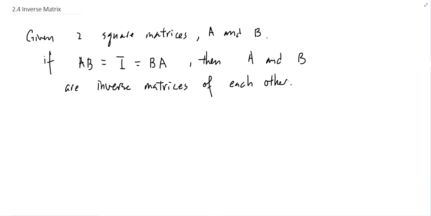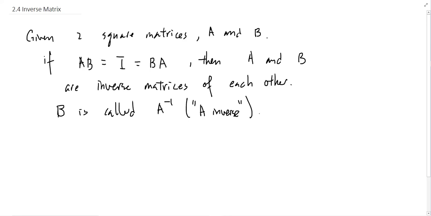And in this case, we can say B is called A inverse. This is how you read it: A inverse, not A to the negative 1 power, but A inverse. And of course, similarly, you can say that A can be called B inverse, depending on which one you want to emphasize as the inverse.